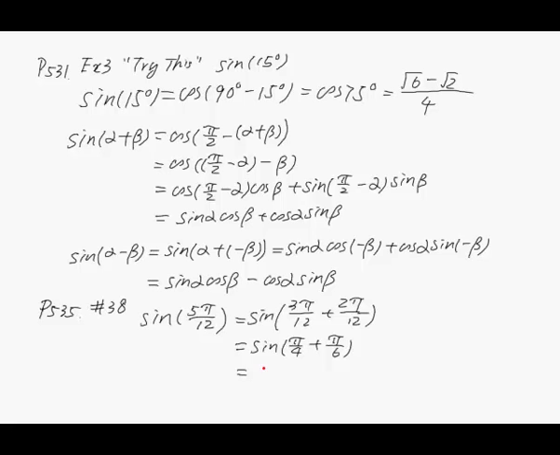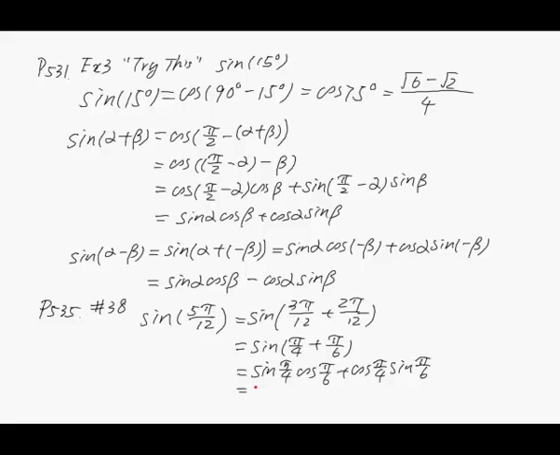So you have sine alpha times cosine beta. Alpha here is pi over 4, so sine of pi over 4 times cosine of pi over 6, right? And then plus cosine alpha, that is cosine of pi over 4, times sine beta, sine of pi over 6.